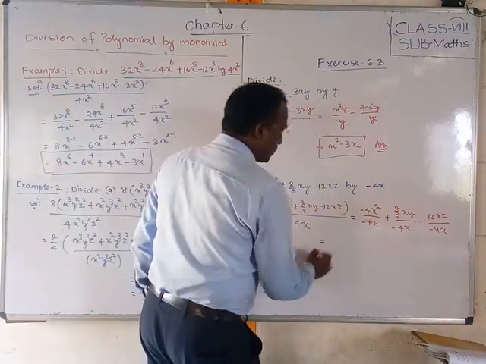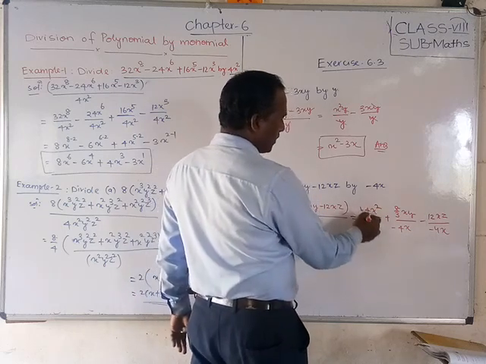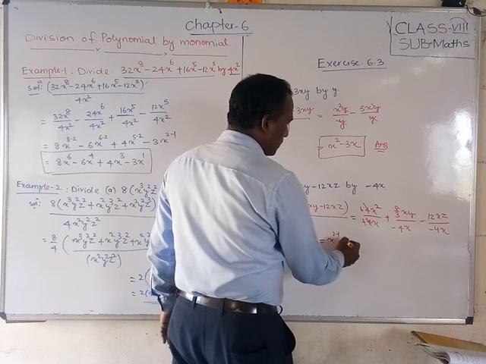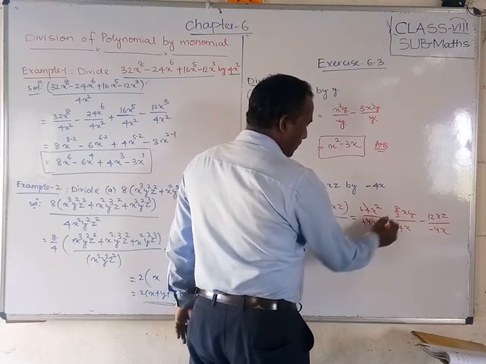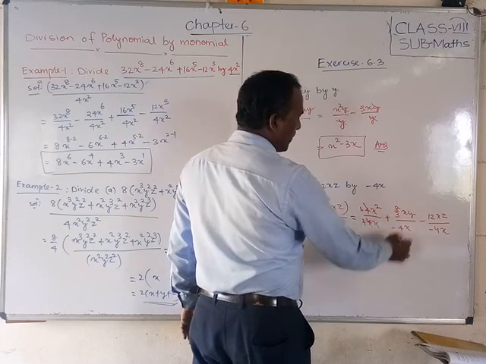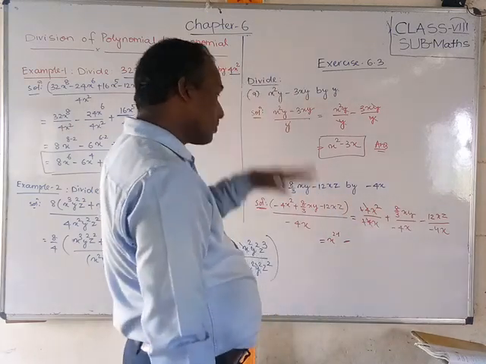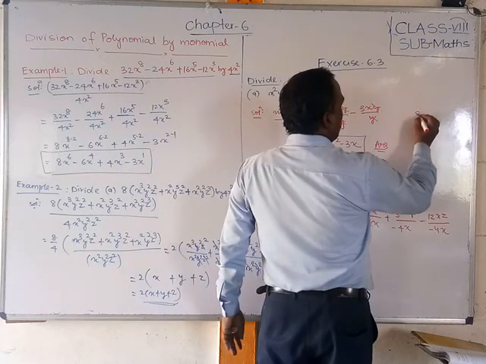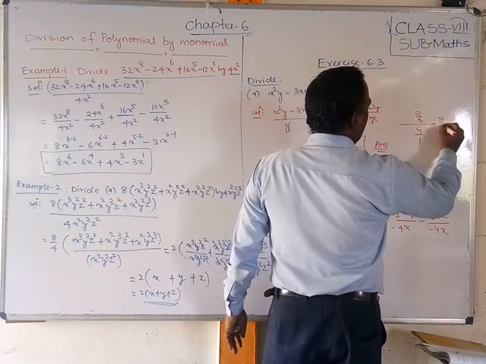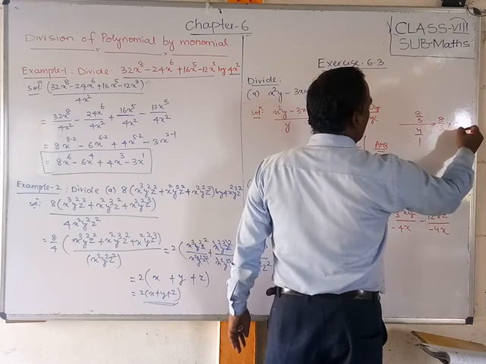Now minus cancels, 4 cancels, that means x to the power 2 minus 1, so minus x. Here plus and minus gives minus, 8 by 3 by 4. How can we divide 8 by 3 by 4? That means 8 by 3 into 1 by 4.